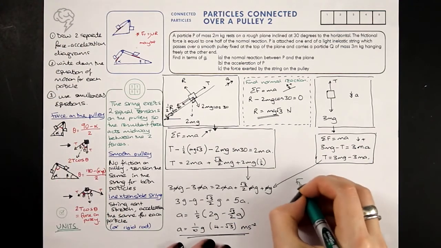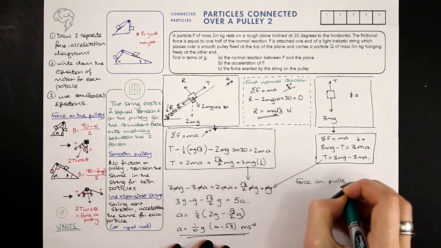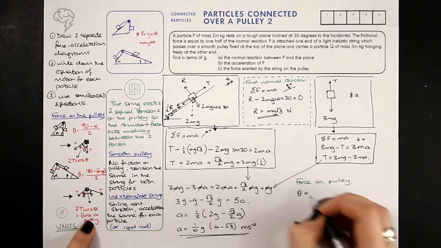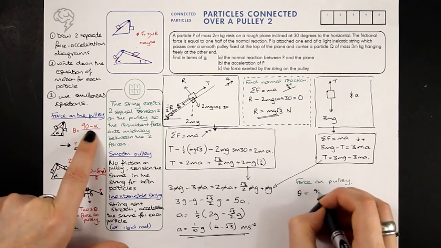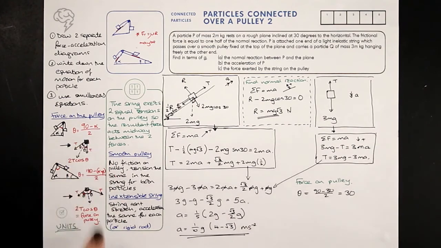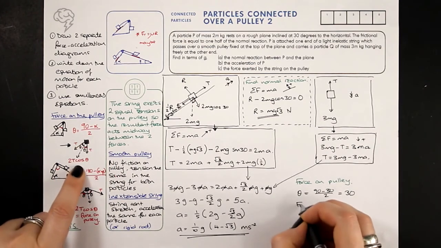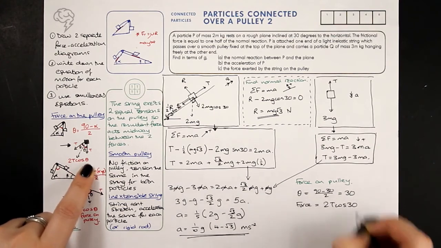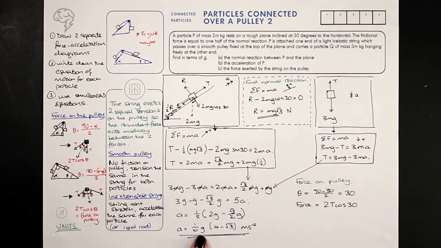So let's do this force on pulley over here. The first thing we did was work out theta. And theta is 90 minus 30 all over 2, which is 30. So the force on the pulley is going to be 2T cos 30. So all we need to do is find out T. Do we know T? No, we don't.